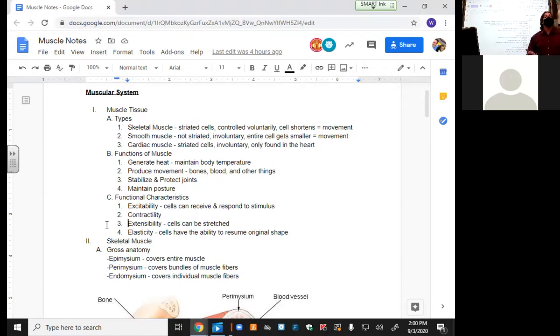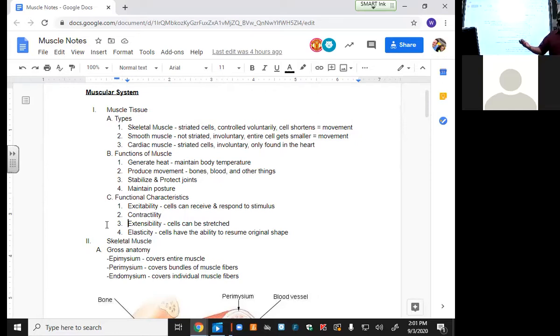For example, rubber bands are elastic, not because you can stretch them, but because when you let them go, they return to their normal state, shape. In the next unit, we're going to talk about connective tissue. And we have connective tissue in our ears, and guess what it's called? Cartilage. What type of cartilage?